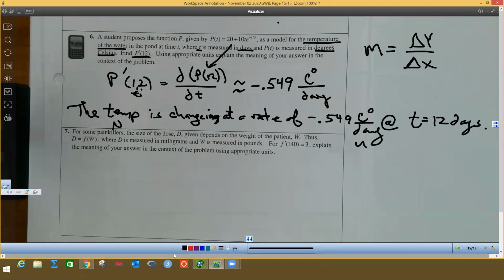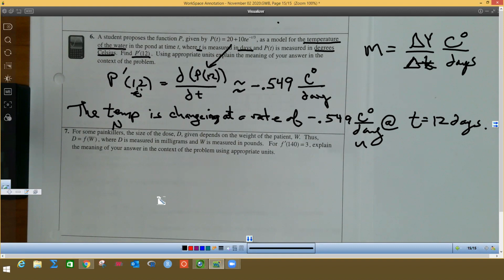Yes, ma'am. When do you square the denominator? Okay, so again, we are doing a slope when you do a derivative, and that's the change in y over x. Since the change in y is degrees Celsius, you put that measurement in the top, and since the time is days, it goes in the bottom.